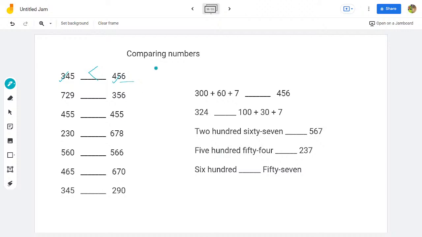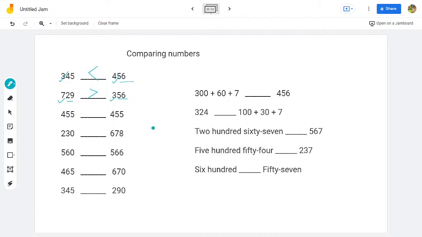Okay, now the next set of two numbers is 729 and 356. Now in this case, again we would compare the hundreds column. So if we compare the hundreds column, the 7 is bigger than 3. So we would use this greater than more than symbol, and 729 would be bigger than 356.